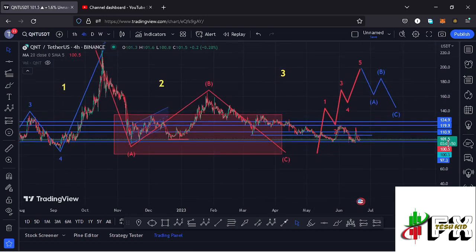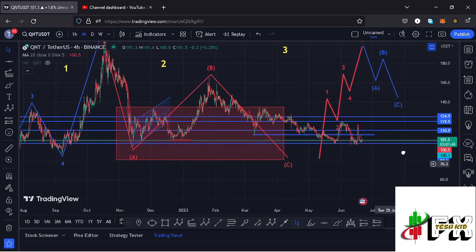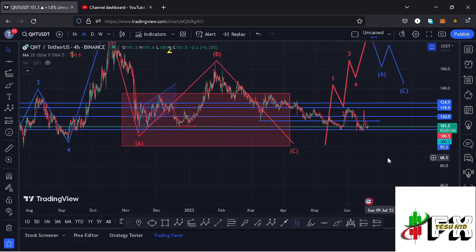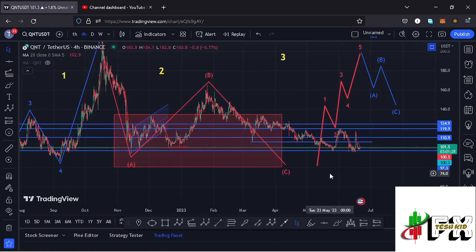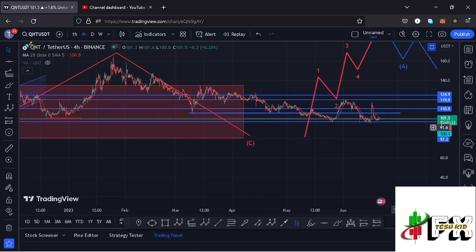In case we see further breakdown, losing the $100.3 mark, which is acting as support, and maybe at some point also losing the $97.3 mark, then we can expect Quant to get back into the $80-point-something range before we can see that massive bounce to the upside in the formation of that higher Elliott wave count 3. So those are the two possible scenarios that we need to have in mind here on the Quant chart.